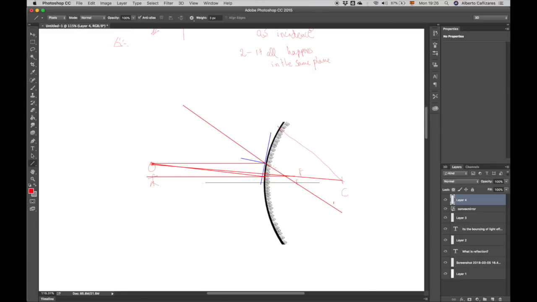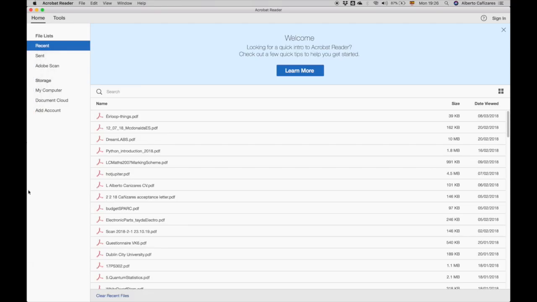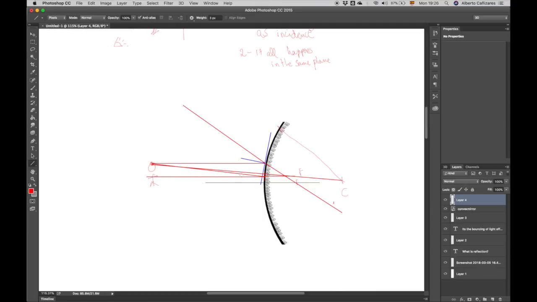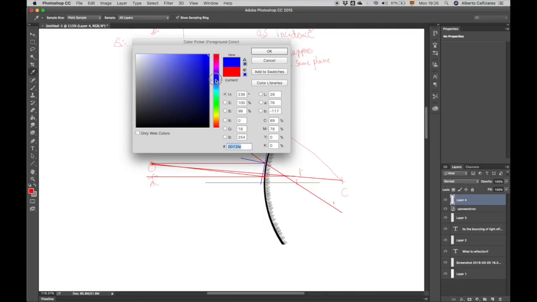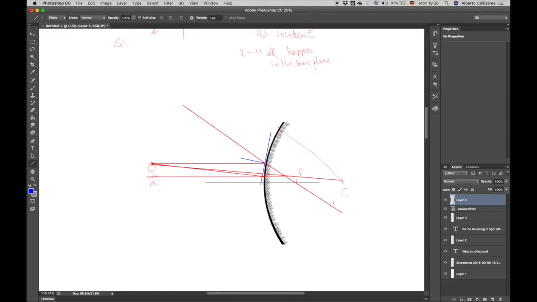And look at this, all the light meets here, and this is the point where the image is formed.